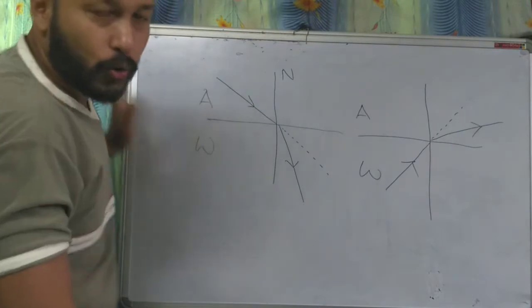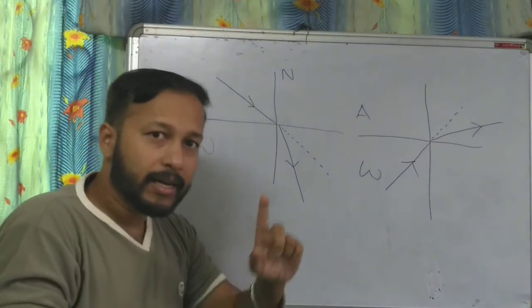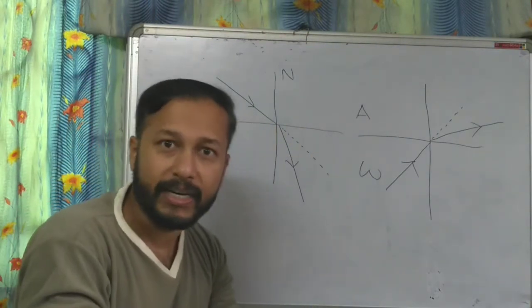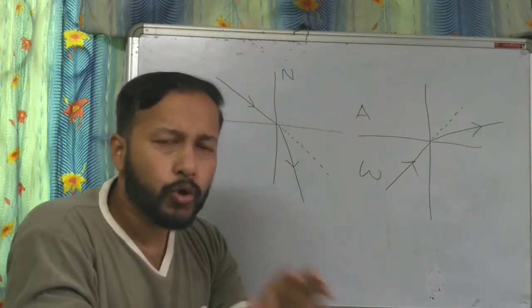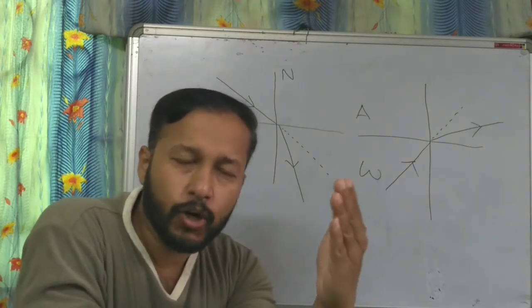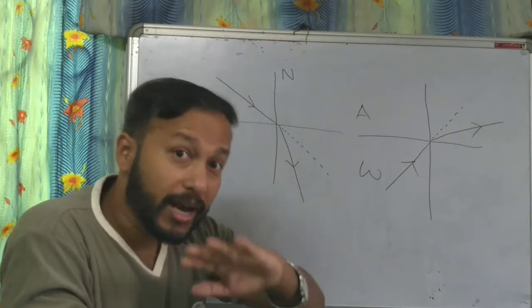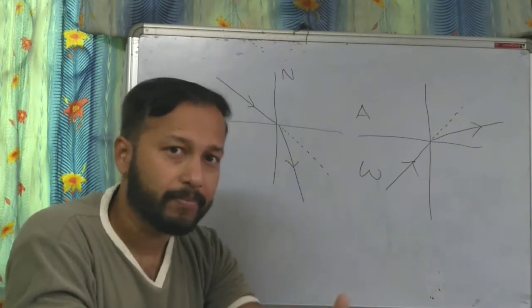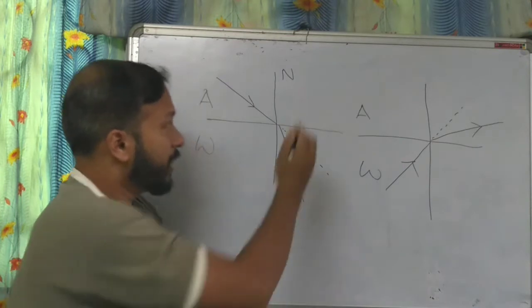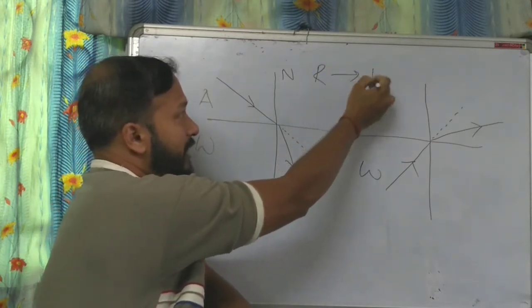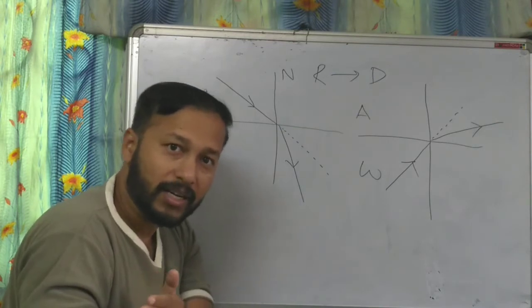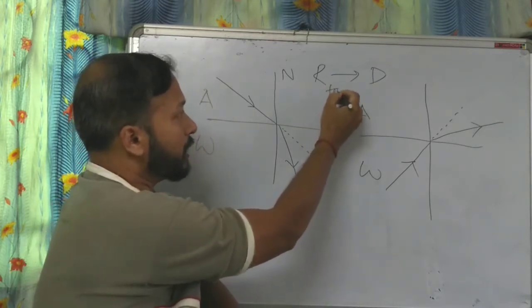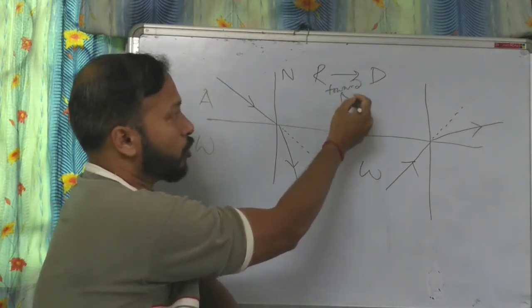Here air is the rarer medium and water is the denser medium. So when a ray of light goes from a rarer medium to a denser medium, it will come towards the normal.